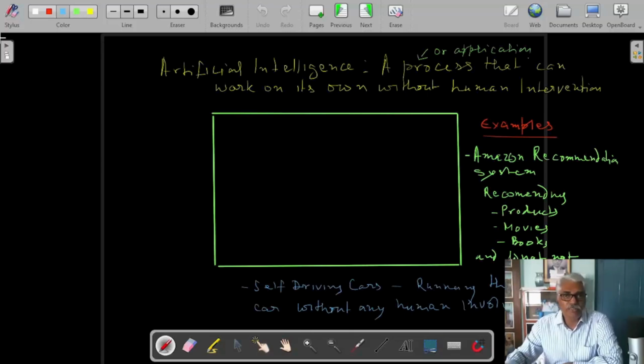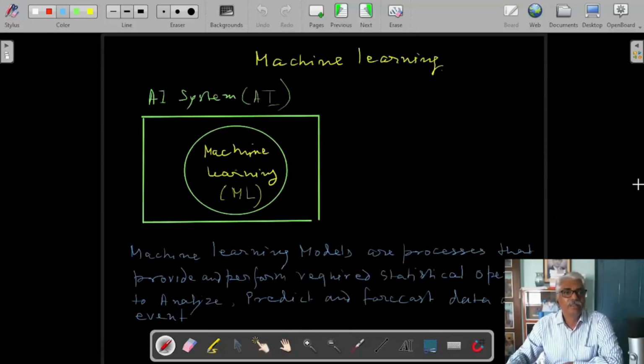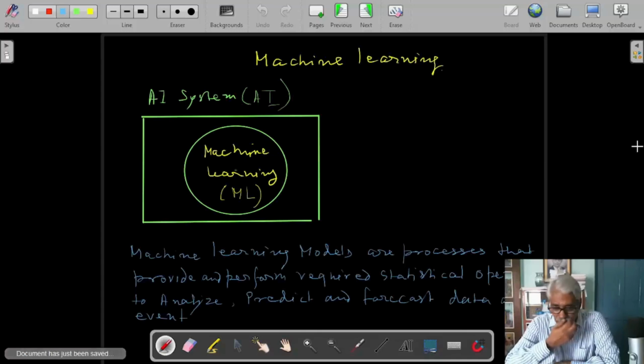Now let us come to the second term, which is machine learning. Again, I will start with the definition. Machine learning models are processes that provide and perform the required statistical operations to analyze, predict and forecast the data or event.